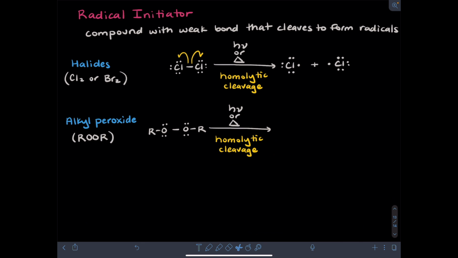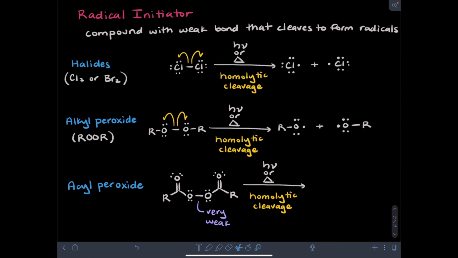It's also possible for other weak bonds to serve as initiators instead of Cl2. So for example, in the case of an alkyl peroxide, that bond between the 2 oxygens is fairly weak, and it can also be homolytically cleaved by either light or heat. That homolytic cleavage would have those 2 fishhook arrows, and it would form 2 oxygen radicals.